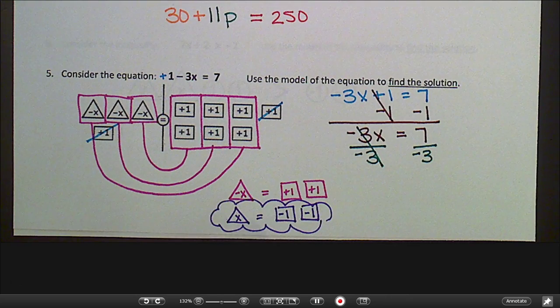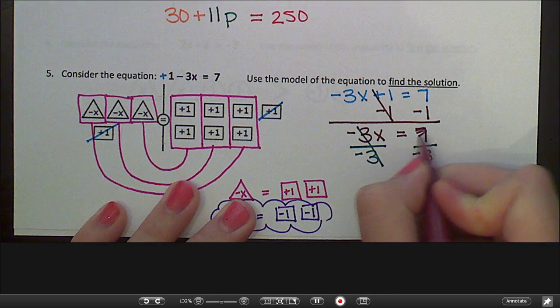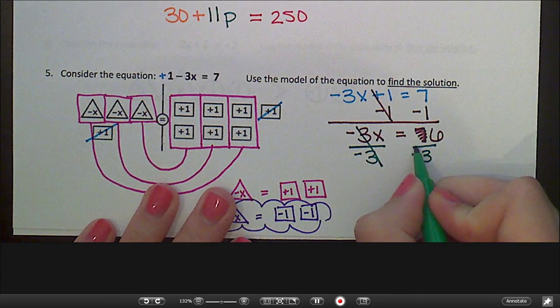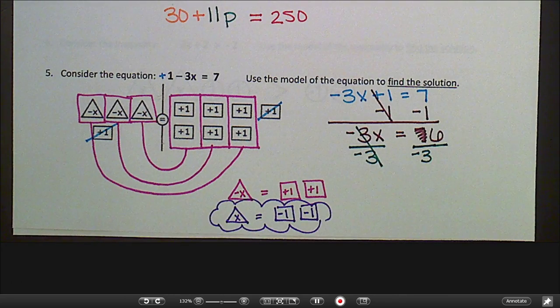And I'm sorry, this was 6, not 7. I hope somebody caught that. -3x equals 6. Divide both sides by -3.